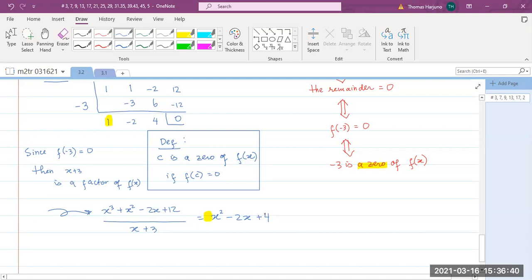Because we don't have a remainder, that implies we can write x cubed plus x squared minus 2x plus 12 as x plus 3 times x squared minus 2x plus 4. All of a sudden, we factor that polynomial.